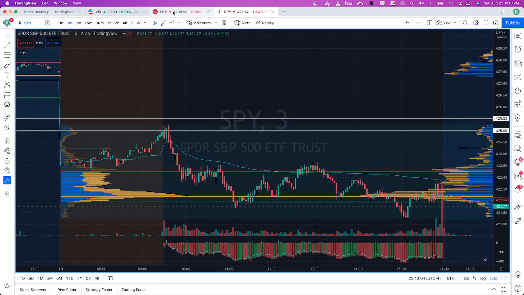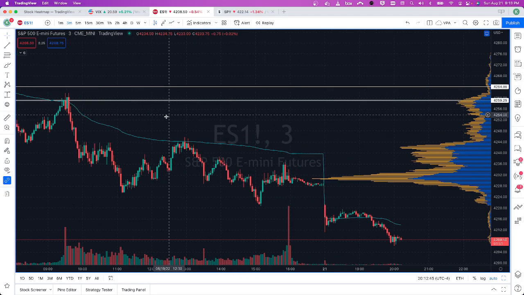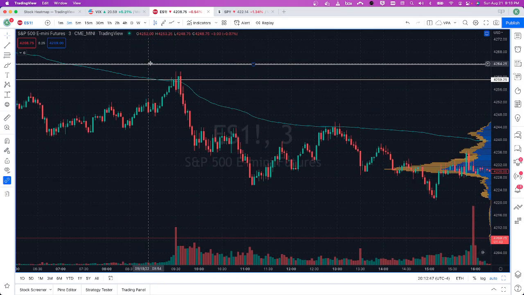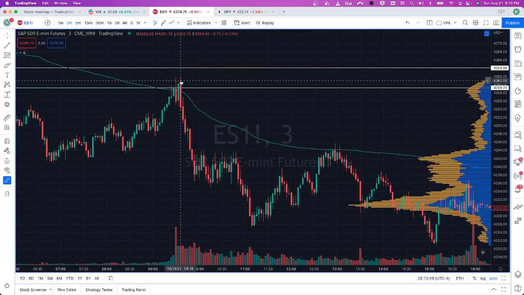Now, if we look at how this played out, once we finally did reject here on this third 3-minute bar, we just proceeded to fall rapidly, and there was no reason to get out. Even with this candle, I want to point out, this candle looks very bullish in terms of that wick pushing back. It's not really on higher volume.